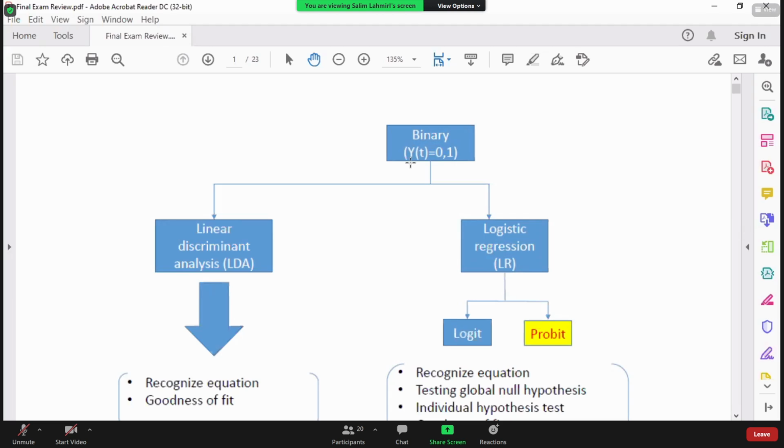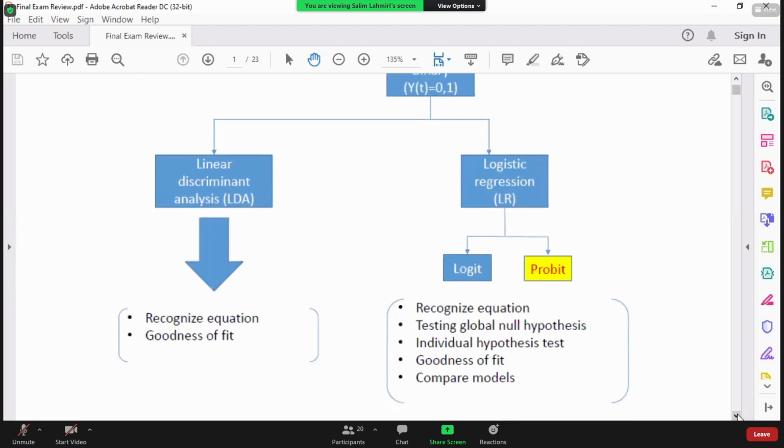To regress yt, which is binary, on several x's, you cannot use multiple regression analysis, because the assumptions are no longer valid under multiple linear regression. So you need to perform linear discriminant analysis or nonlinear regression analysis. Let's look at linear discriminant analysis.